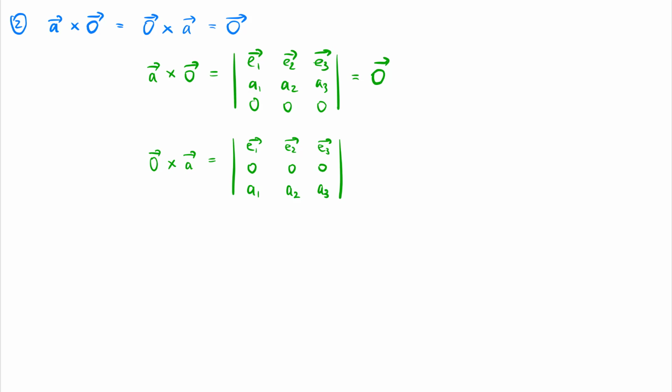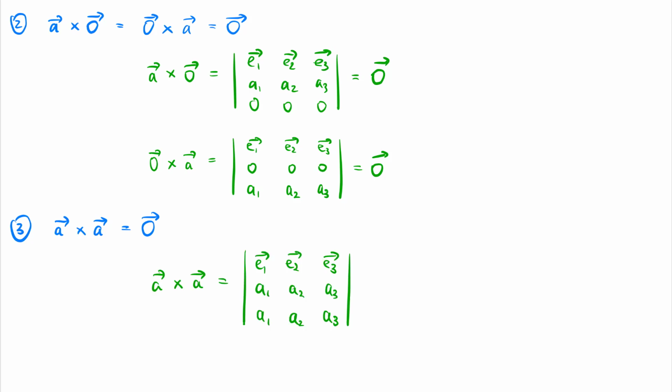Since the second row is a 0 row, this determinant is also 0. The third property is that A cross A equals 0. Indeed, A cross A equals the determinant of E1, E2, E3; A1, A2, A3; A1, A2, A3. Since the last two rows are identical, the determinant is 0.